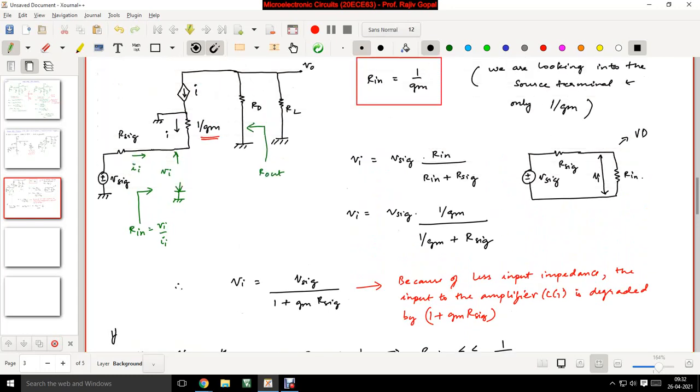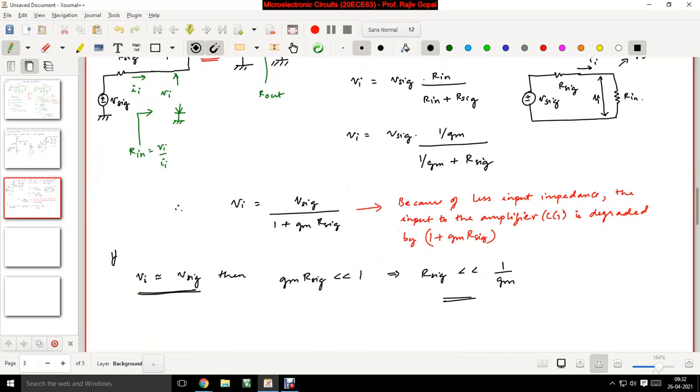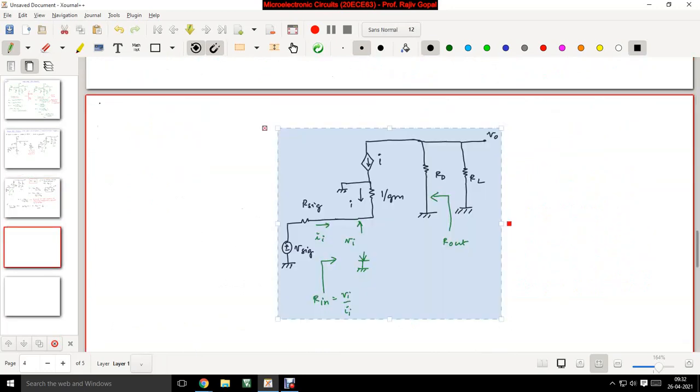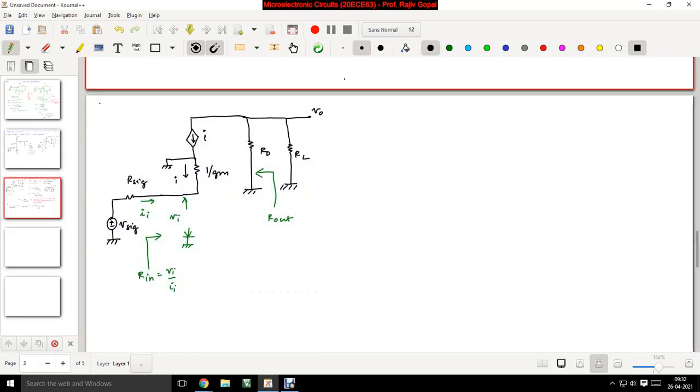Okay, I is this current, this is II. So I can write II as Vi by Rn, so it is Vi by 1 by Gm, so it is Gm into Vi.